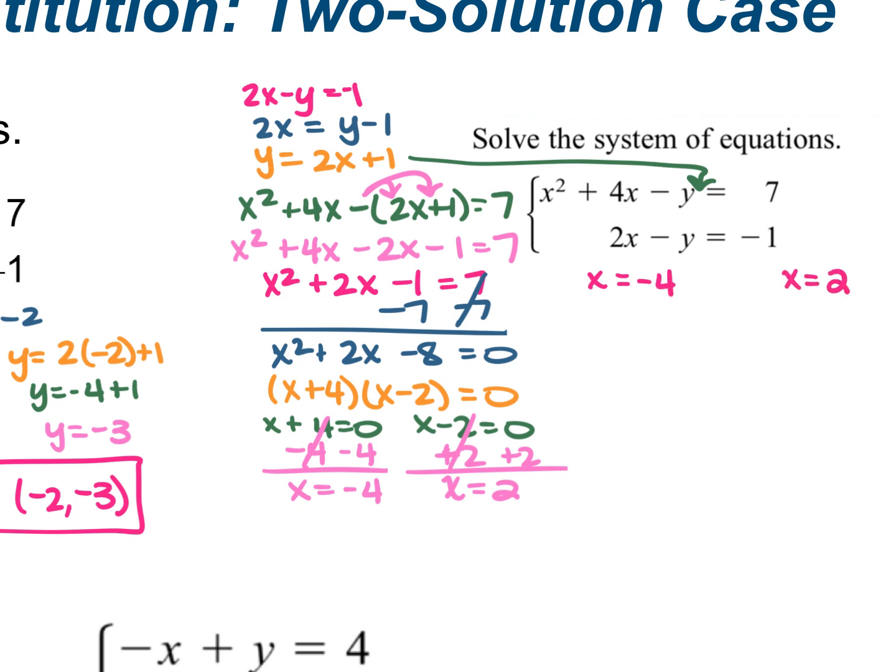We're going to plug both of those in for y is equal to 2x plus 1. So y is equal to 2 times negative 4 plus 1, and y is equal to 2 times 2 plus 1.